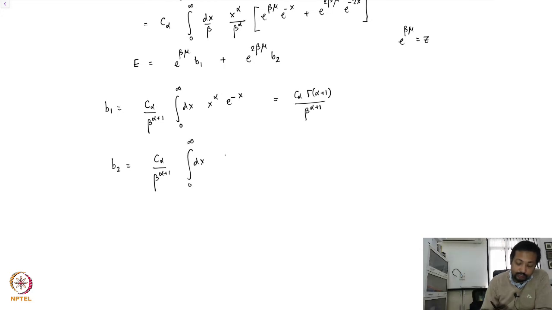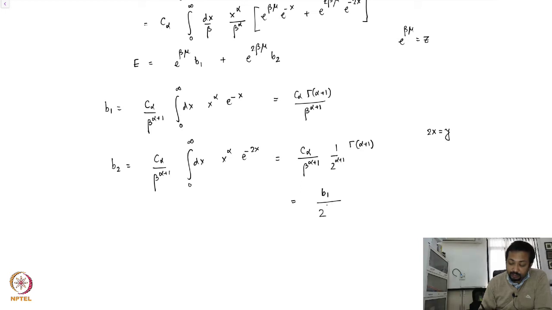If you substitute 2x equal to y, you will come up with the relation as in the previous case, β^{α+1}, and I will have 1 over 2^{α+1} and Γ(α+1), which is nothing but b1 divided by 2^{α+1}.